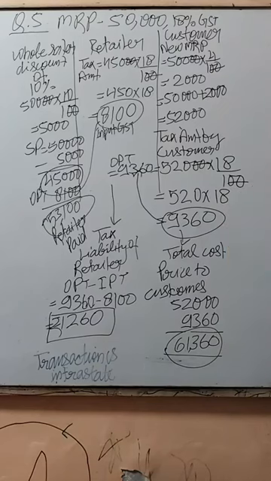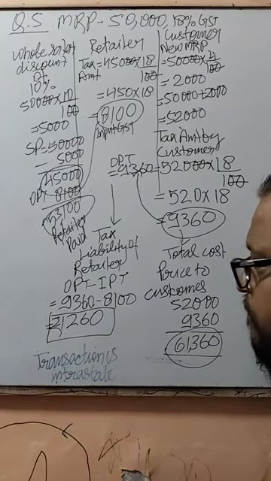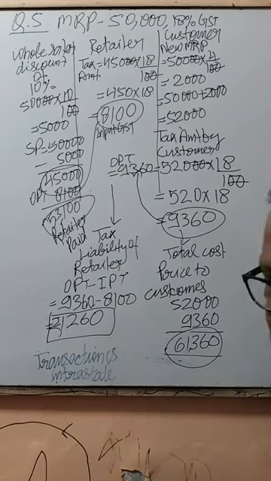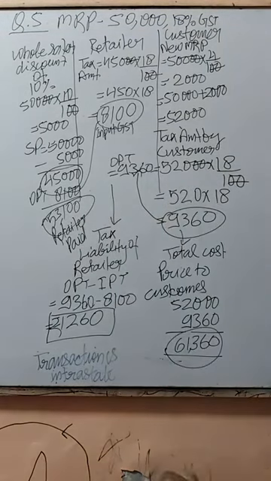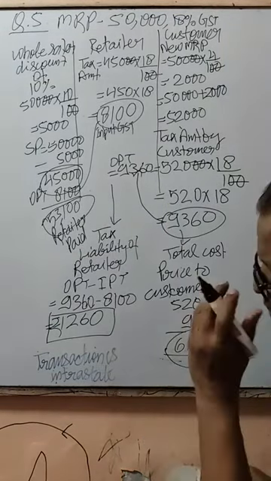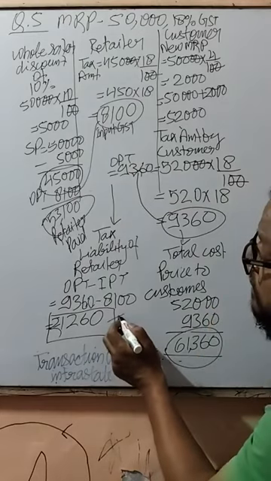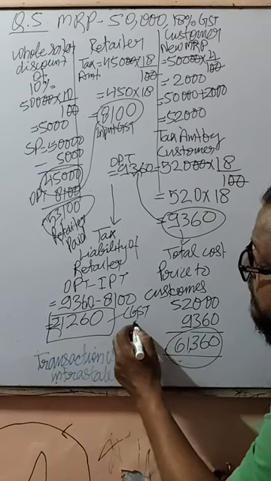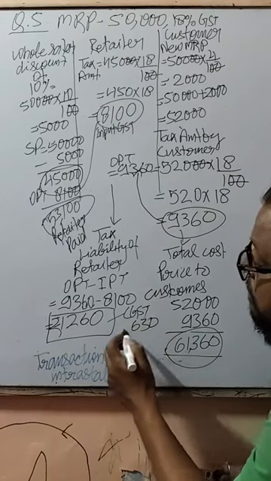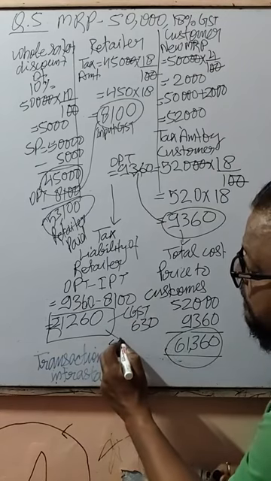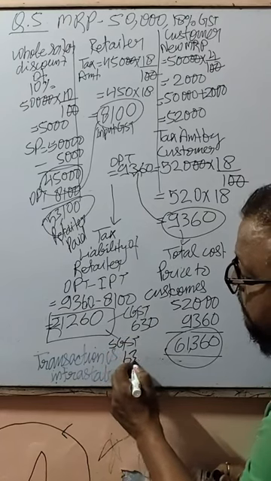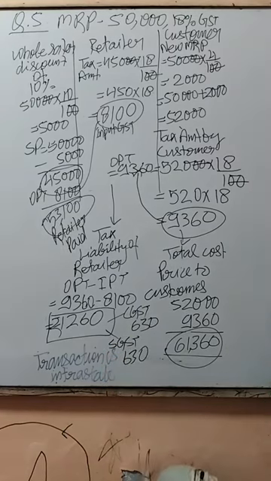So half of it will go to, from this the retailer will pay CGST 630 and SGST 630, right? So what is your question?